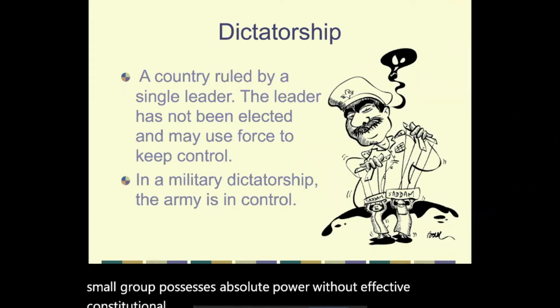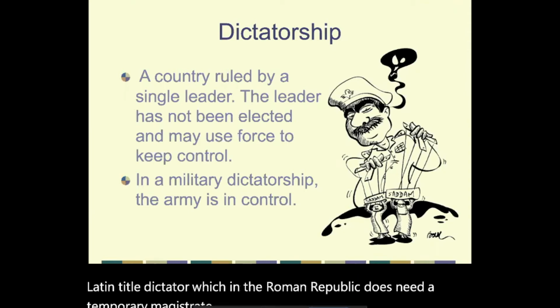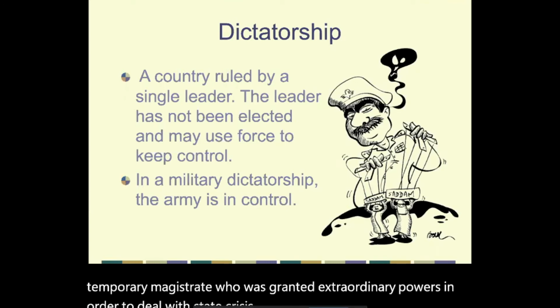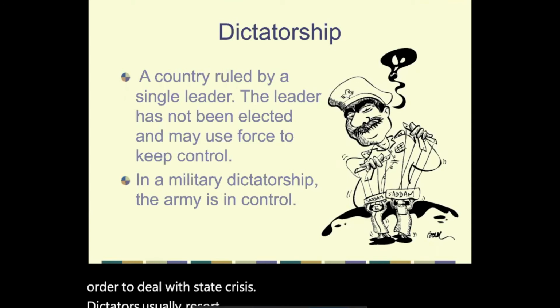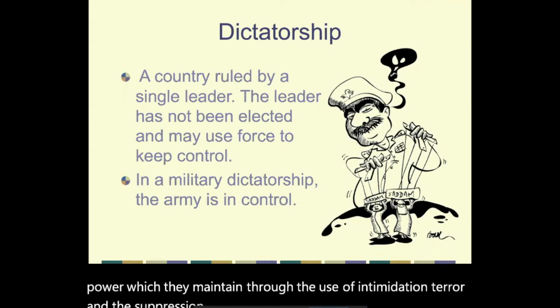The term dictatorship comes from the Latin title dictator, which in the Roman Republic designated a temporary magistrate who was granted extraordinary powers in order to deal with state crises. Dictators usually resort to force or fraud to gain despotic political power, which they maintain through the use of intimidation, terror, and the suppression of basic civil liberties.